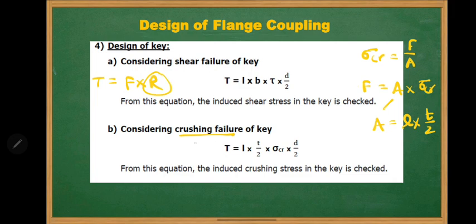So the equation of torque when the key is under crushing is given by L multiplied by T by 2 multiplied by sigma CR multiplied by D by 2. By using these two equations, failure of the key can be calculated and the induced stresses are checked. From this equation the induced crushing stress in the key is checked.